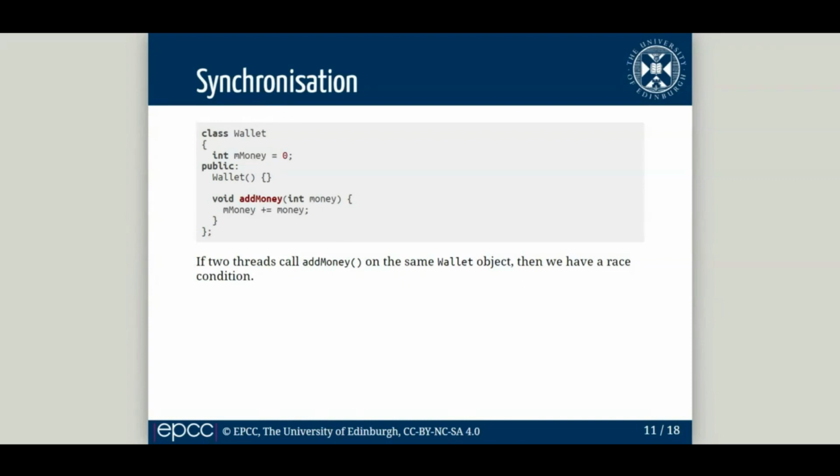Imagine that you have 0 and you want to add 20 and 30, the result should be 50. But if there is a race condition, it could be either 20 or 30, because the thread could have taken the old value. So here we will need a mechanism to synchronize these threads.